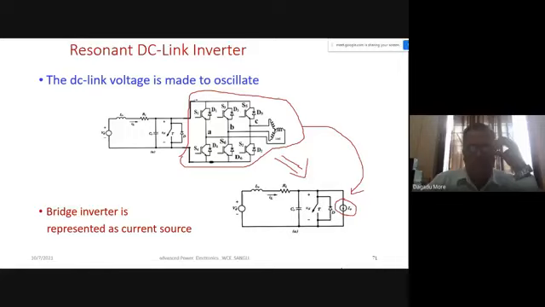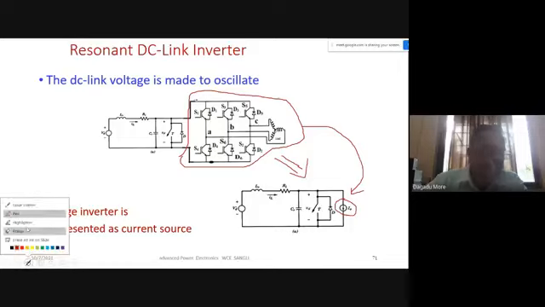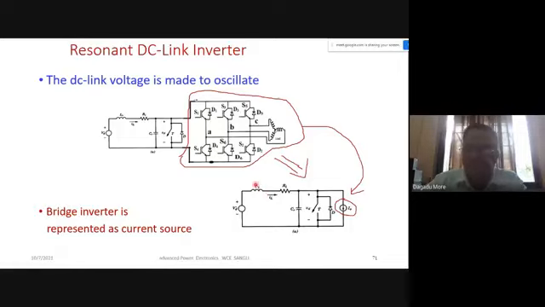So in brief, we require the LR and CR so that we can make the DC link oscillate. With the help of LR and CR, we make the DC link oscillate from 0 to 2 times.